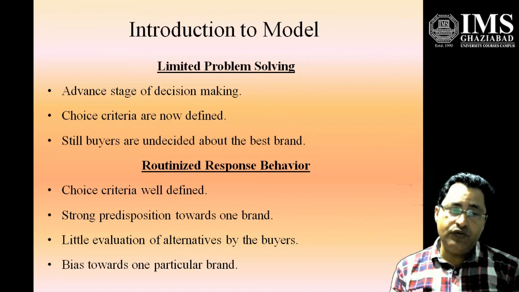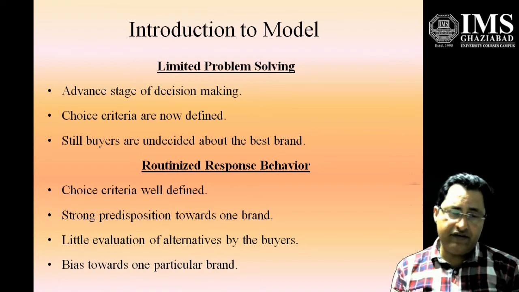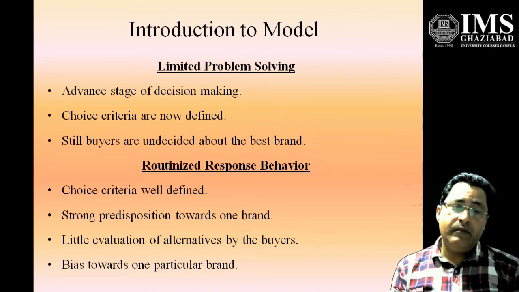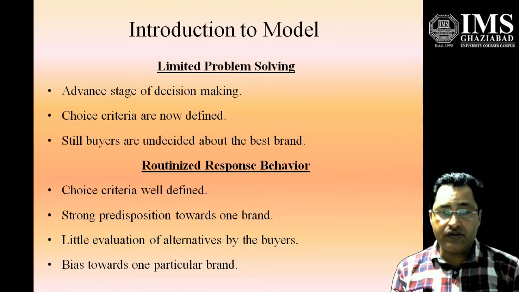But yes, you would have a little evaluation in terms of the price, in terms of the features. So you could go for different product lines for the particular brand. But yes, you develop a strong predisposition towards one particular brand.